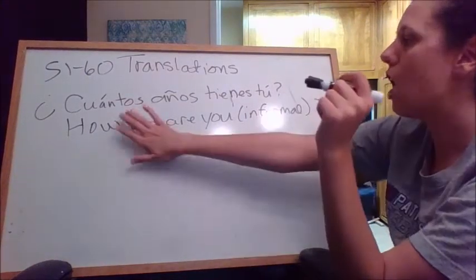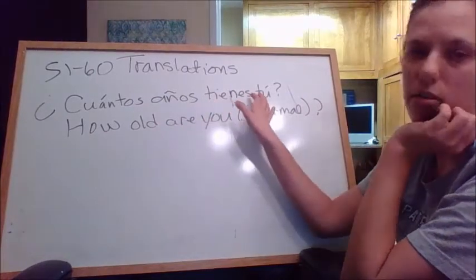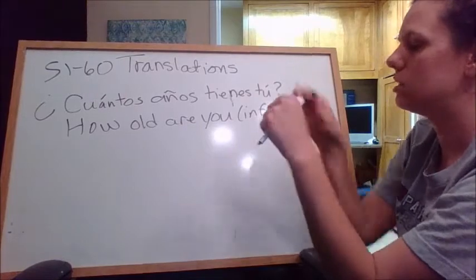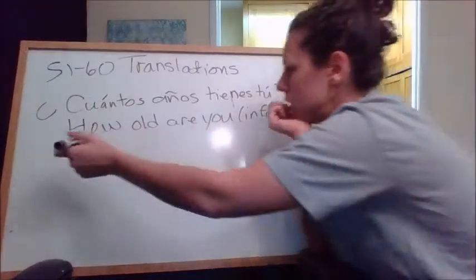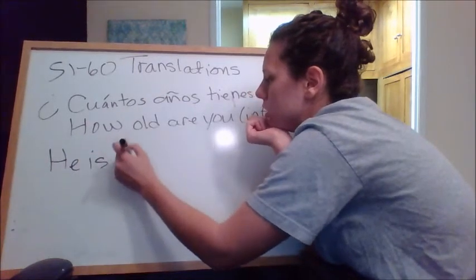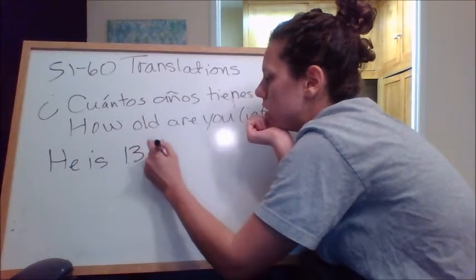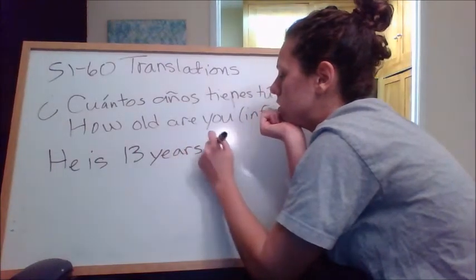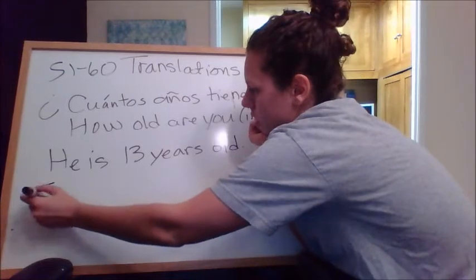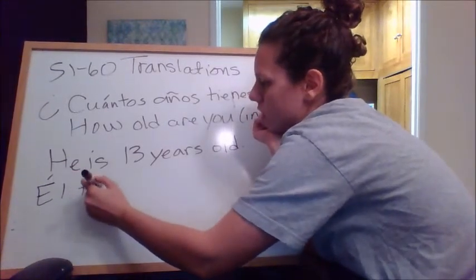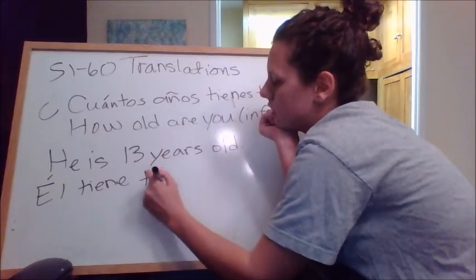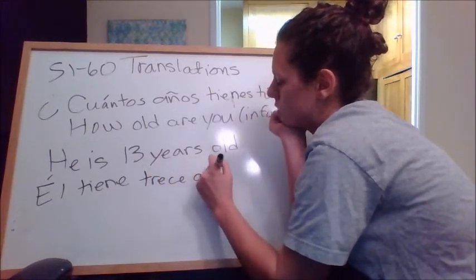So it's like saying, how many years do you have? Okay. So if you had a sentence that said, he is 13 years old, we would say, él tiene, okay, he has 13 años.